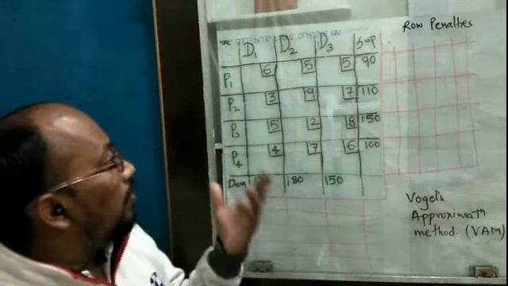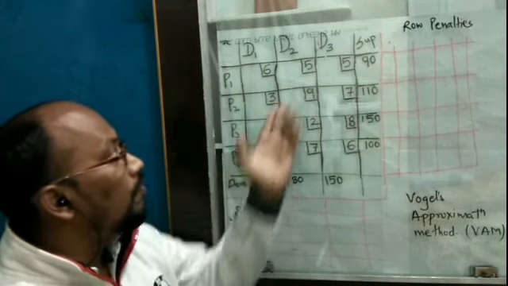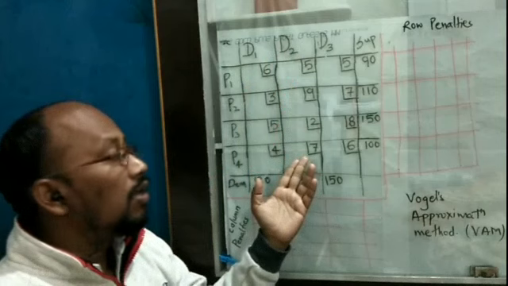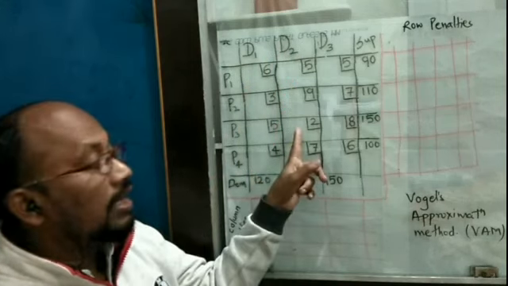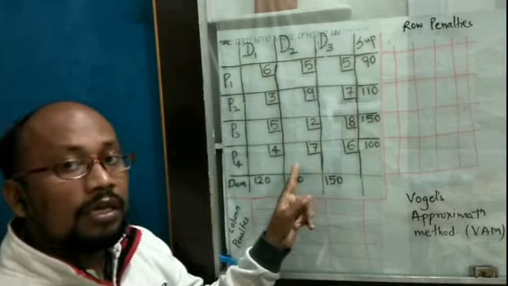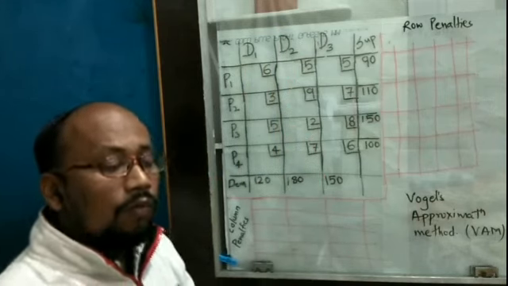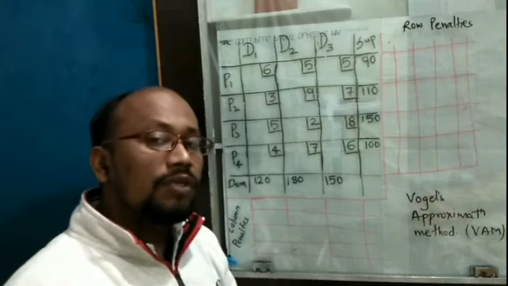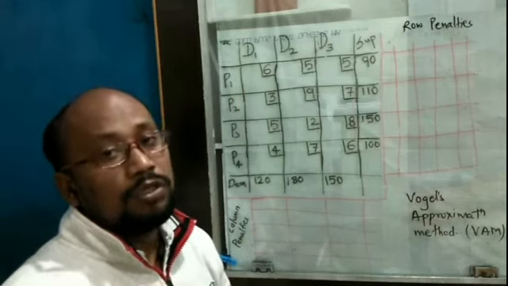Let me take another example, P4 to D2. We are sending from P4 to D2. It costs 7, so we will pay an extra 5 rupees if we are not selecting this but selecting that. That extra cost is the penalty. So the basic objective of this method is to minimize penalties as much as possible.